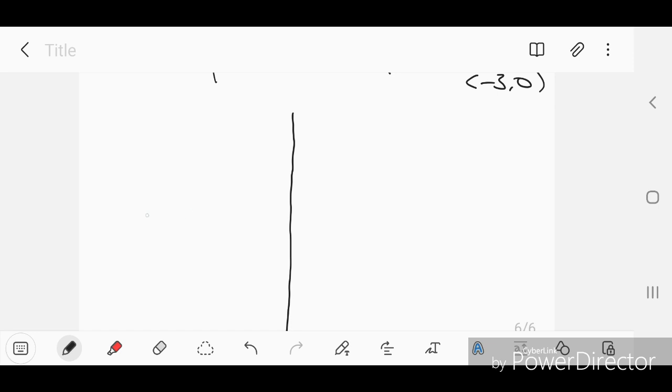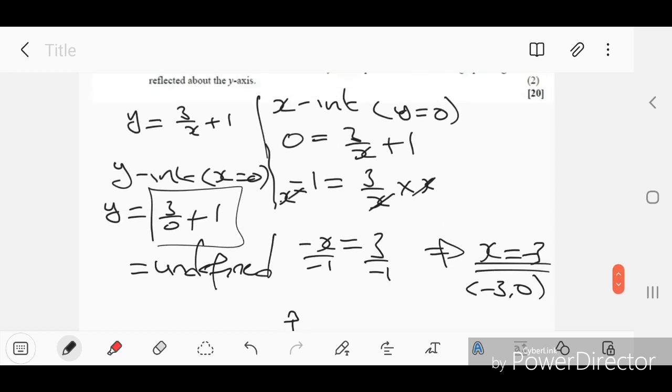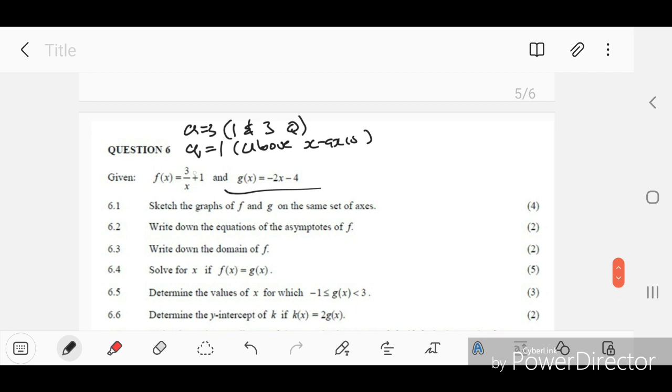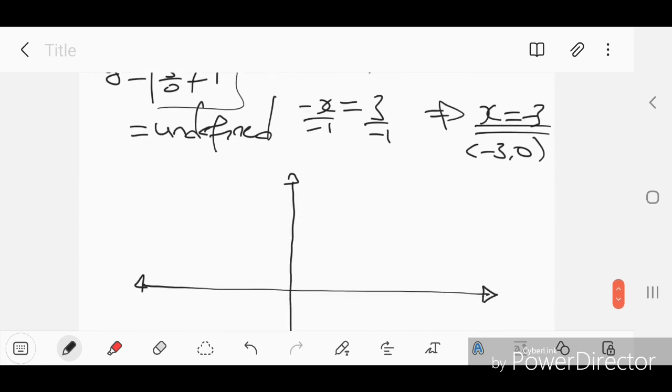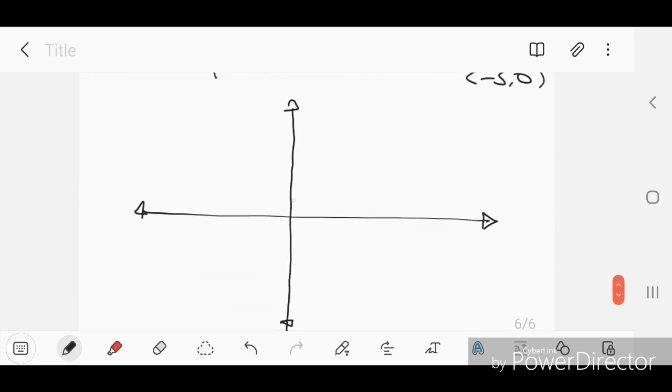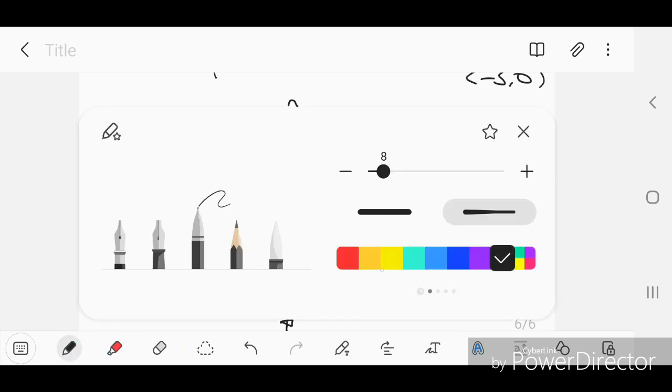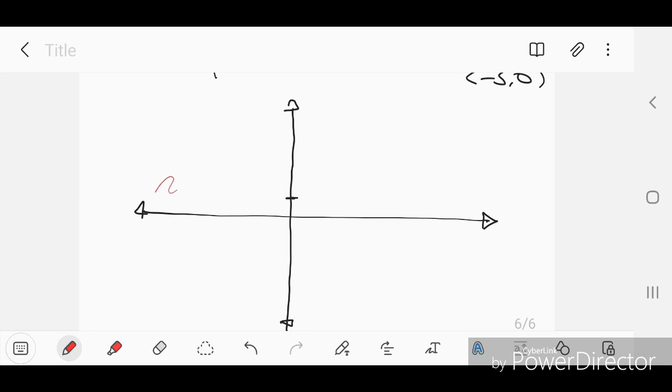Okay, so now I go to plot my function. I must start with my q. My q is positive 1, so positive 1 is somewhere here. I'm going to draw a red line for the asymptote. It must pass through positive 1, so q equals 1.